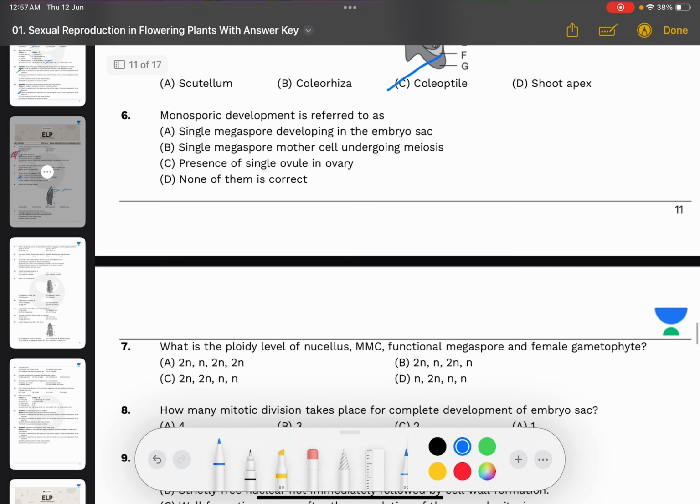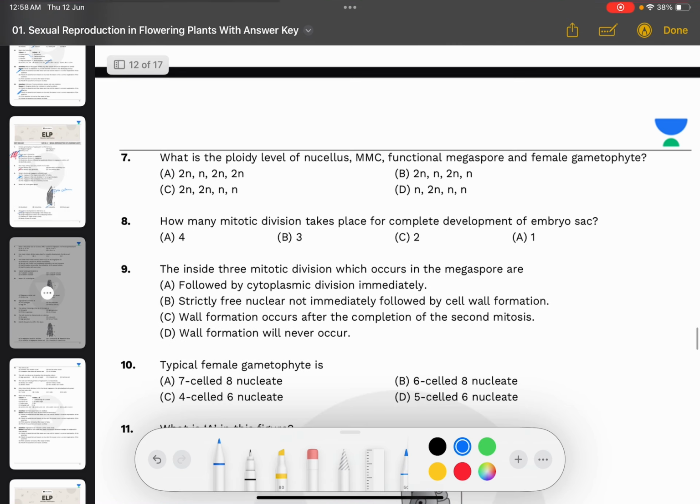Monosporic development is referred to as a single megaspore mother cell undergoing meiosis, a single megaspore developing into the embryo sac. What is the ploidy of the nucellus? 2n. Megaspore mother cell 2n. Functional megaspore n.